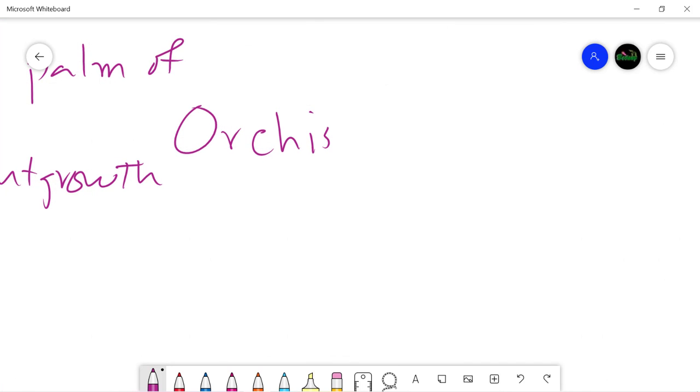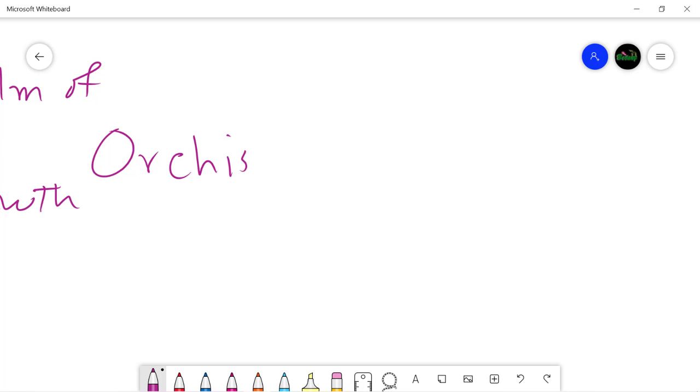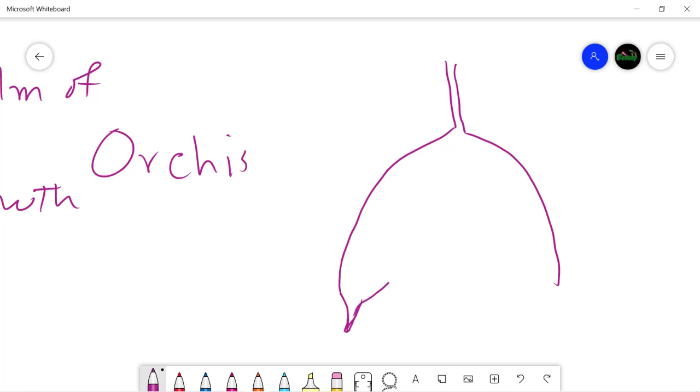And though not exactly palm-like, the situation is somewhat like this. So we have this stem, and then we have this bunch of roots, thickened roots, and let's draw the top ones. These have somewhat finger-like outgrowths. So one root, and then we have another one, a thick root.